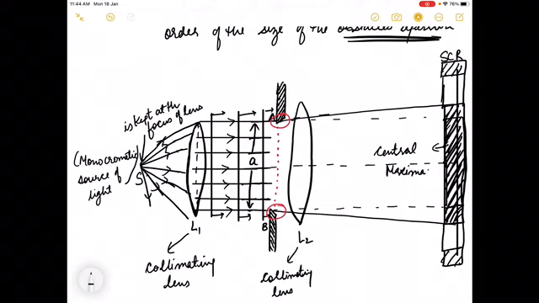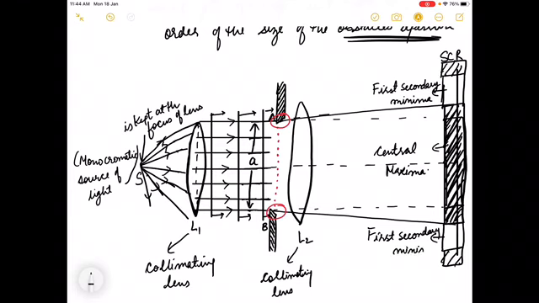We will call this the first secondary minima, and this again the first secondary minima, and we will call this the first secondary maxima.